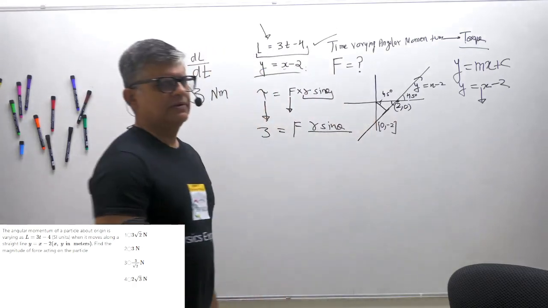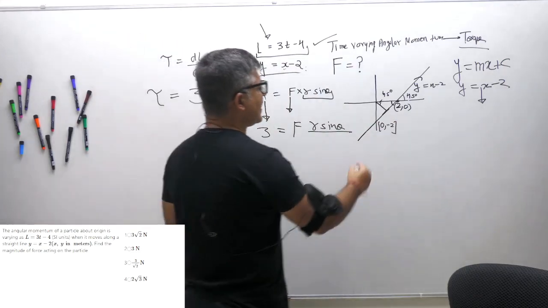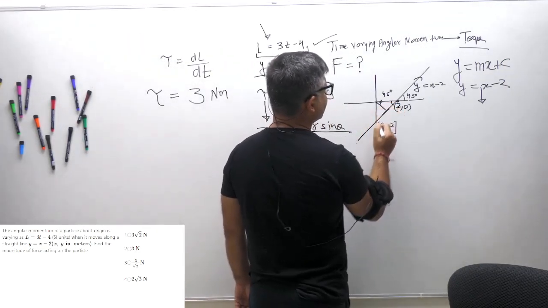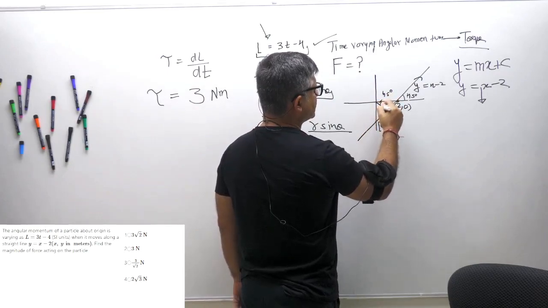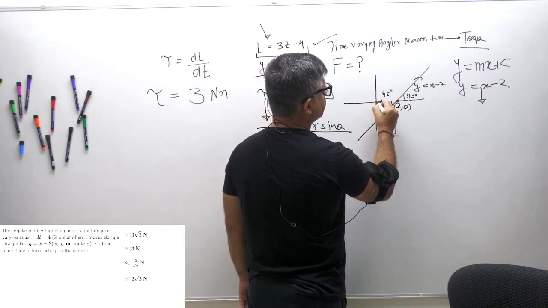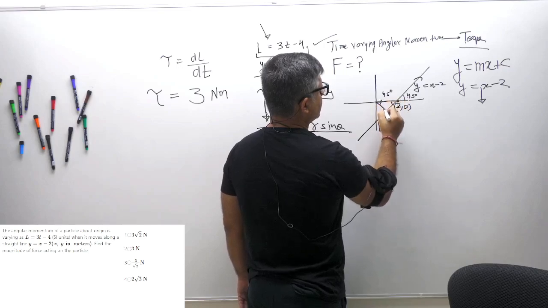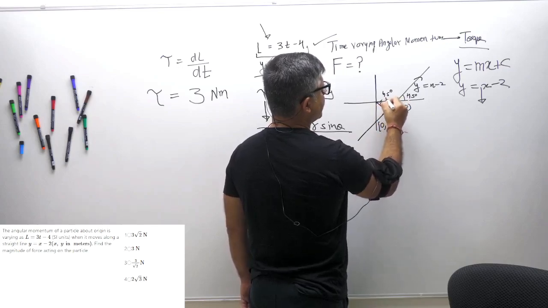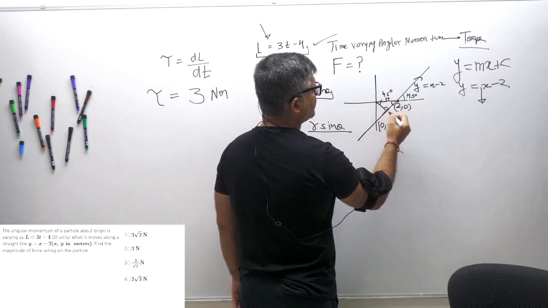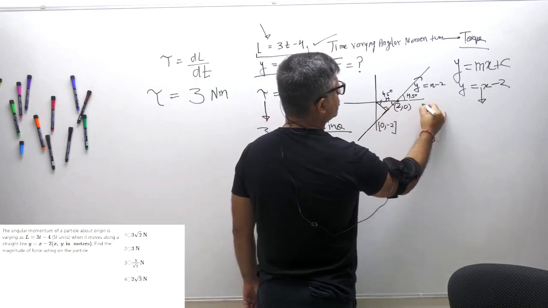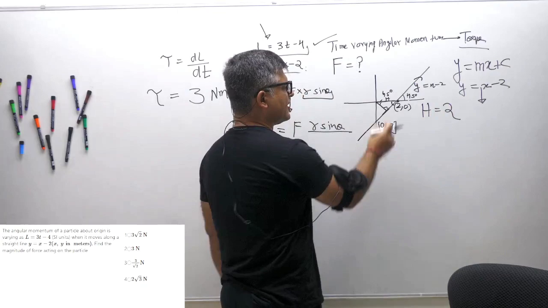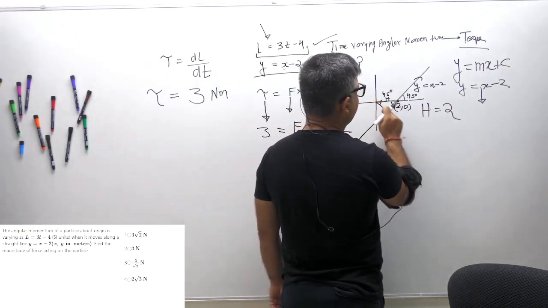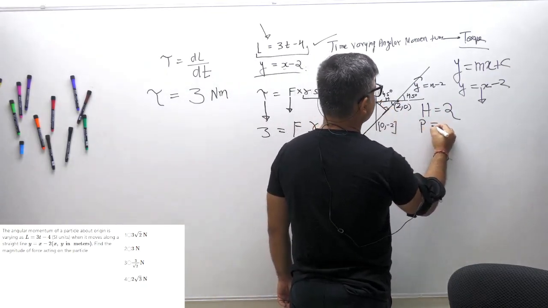We know this angle is 45 degrees. Say this is 90. This is your hypotenuse, which is given to be 2, and the perpendicular has to be found out.